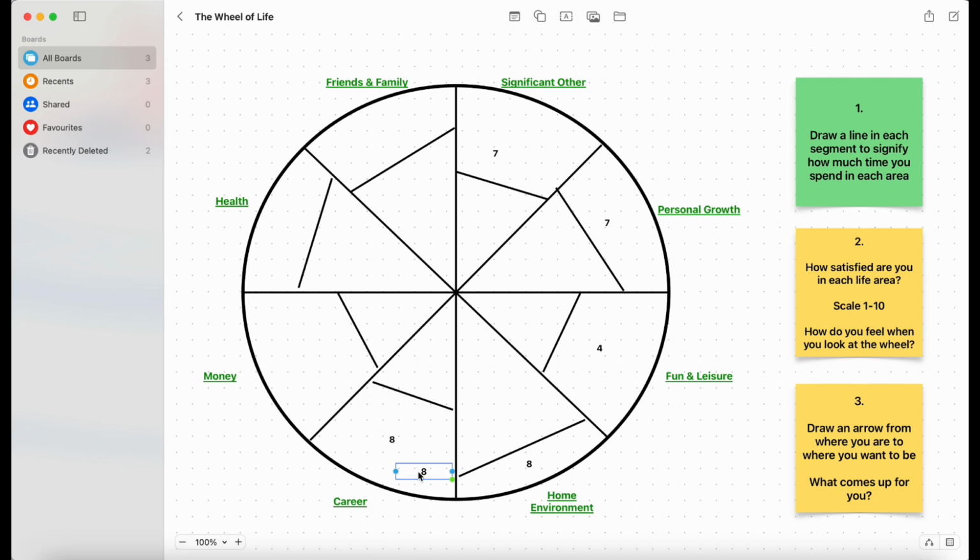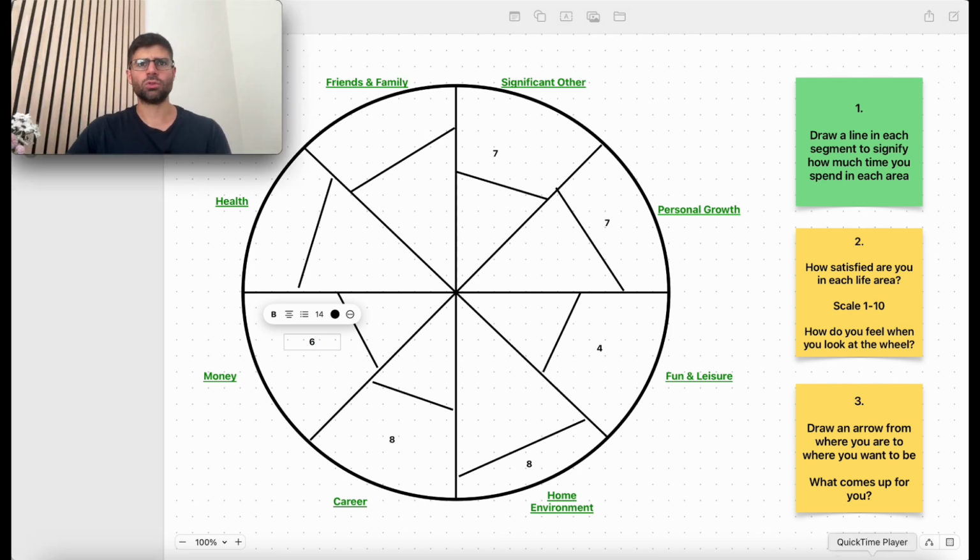Money. So how satisfied am I? Well, I'm going to give money a 6. I mean, I'm not uncomfortable by any means. Wouldn't say I'm struggling as such, but I would definitely like to earn more. And not just that, but think of ways that I can go into passive income.